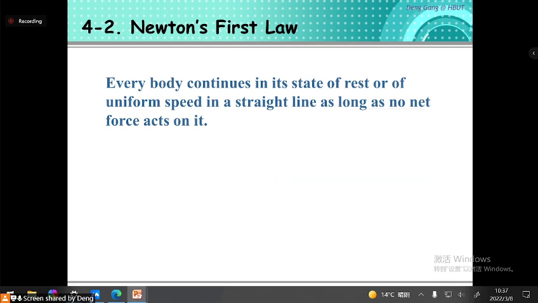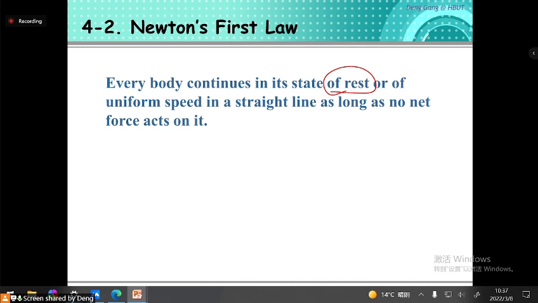They agreed with the continuous state of rest, because even at that time people knew that if we do not push this object, it will not move, it will be at rest. So they agreed it will be at rest if there's no force on it.